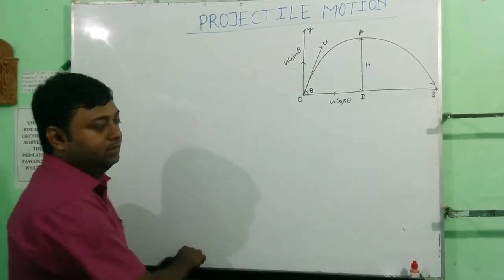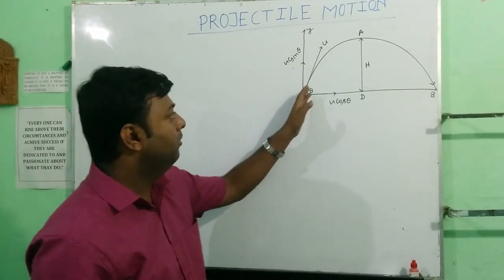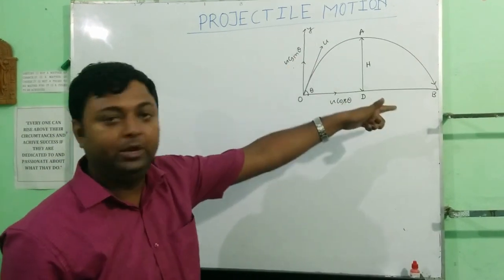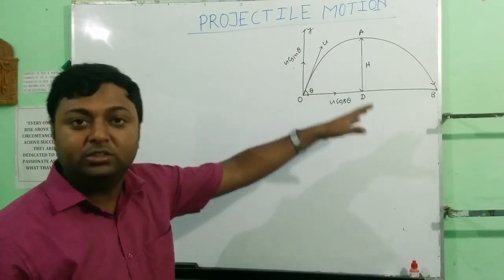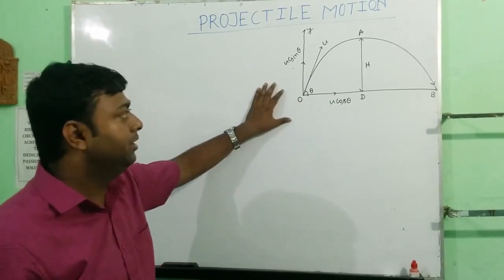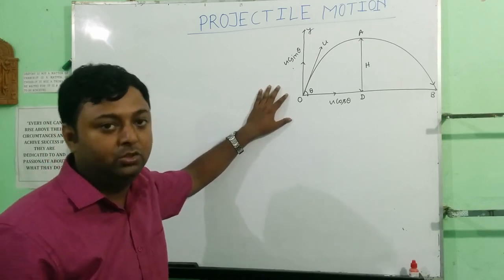Now we discuss energy conservation in projectile motion at different points, that means point O, point A, and point B. If we understand the energy consideration, then problems can also be solved by energy consideration.